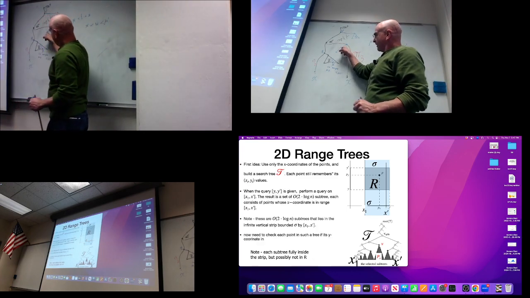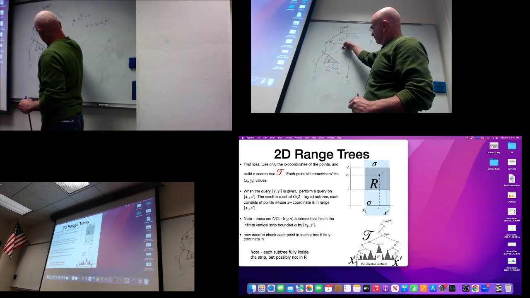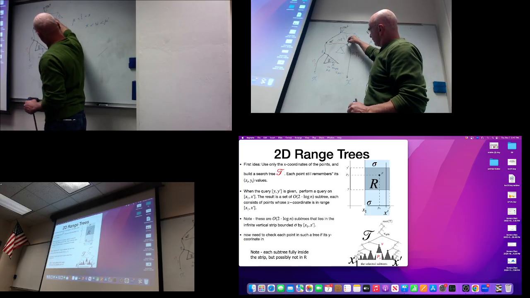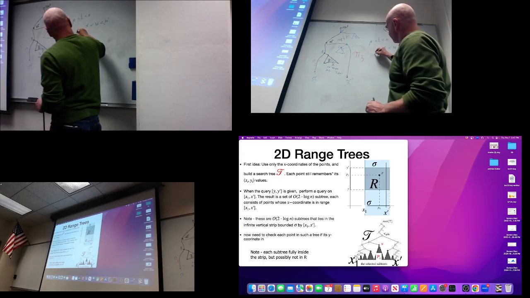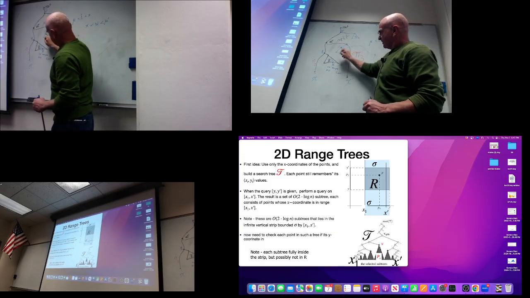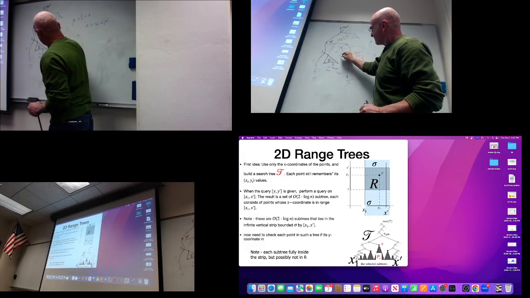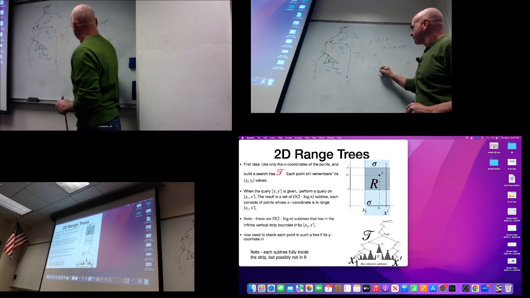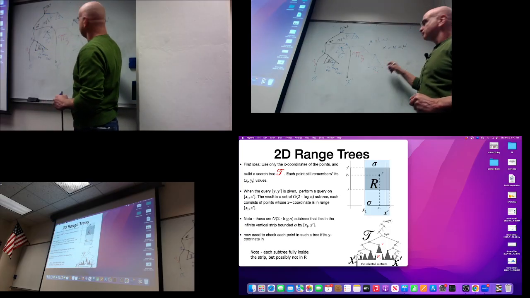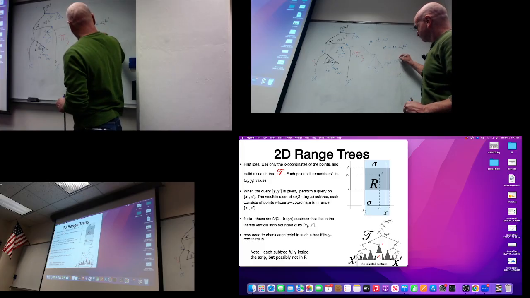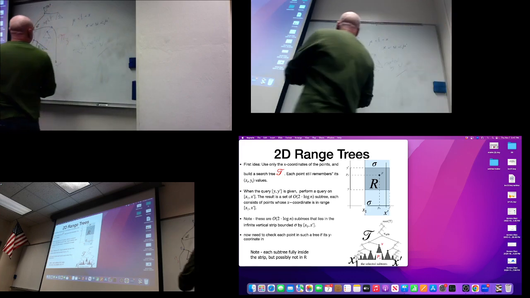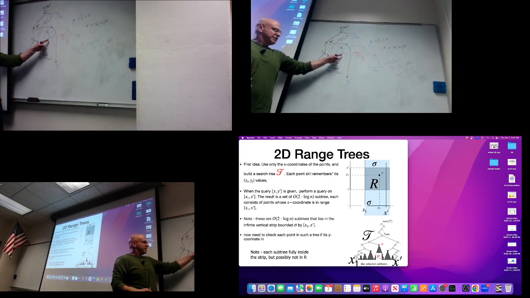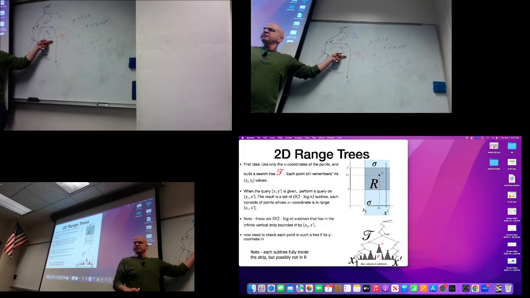But in checking this subtree, I'm going to the other from V over here. I'm going to yet another subtree that contains, if this is S sub V, this subtree also contains S sub V, but sorted by Y. Because what I'm sure about, all the points in this subtree in terms of X are in range.